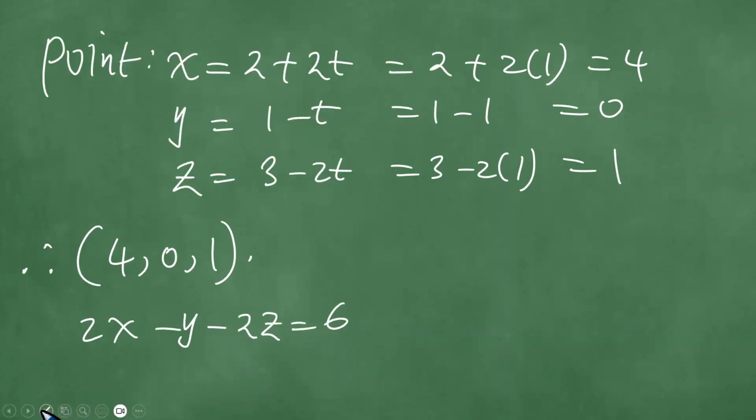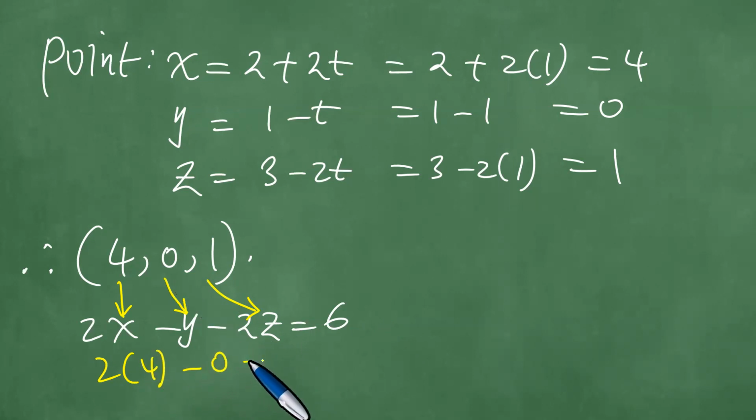In other words, if we substitute x as 4, y as 0, and z as 1, do we get 6? Let us check. 2 times 4 minus 0 for y minus 2z, where z is 1, is exactly 8 minus 2, which is 6. So indeed, this point is on the plane.